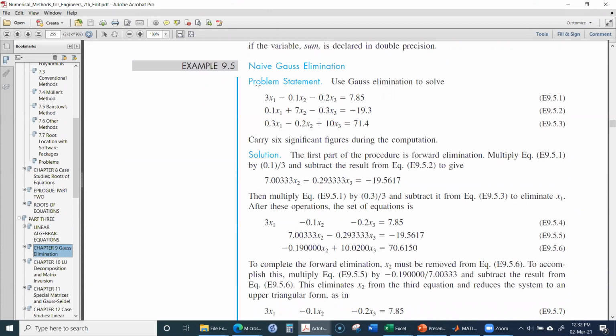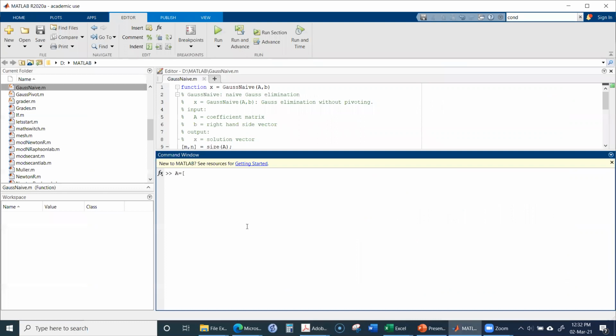I use this same example. 3, minus 0.1, and then I will type. So matrix A will be 3, minus 0.1, minus 0.2.